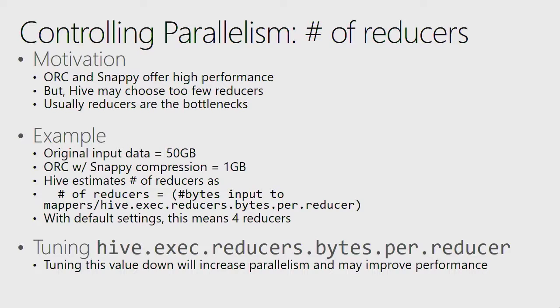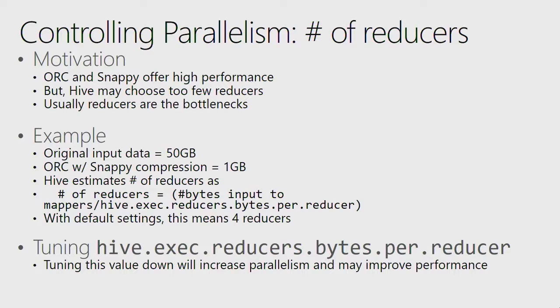The only downside is Hive again estimates. Let's say the original data was 50 gigs and the ORC with Snappy compression made it 1 gig. So Hive will estimate the number of reducers based on a default value for the number of bytes per reducer. In this case, it has 256 megs as the default setting.